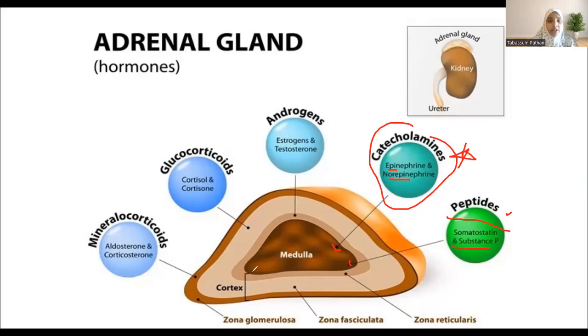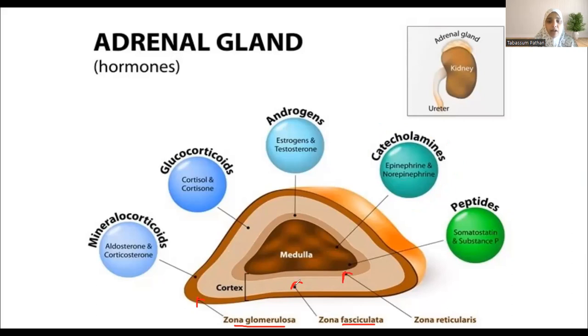Now moving to the cortex. So this region, this portion is the cortex. Now the cortex is divided into three parts again. As you see in the diagram, this brown part is zona glomerulosa, the middle part of the cortex is zona fasciculata, and the innermost part is zona reticularis.